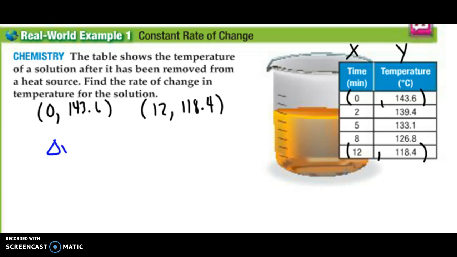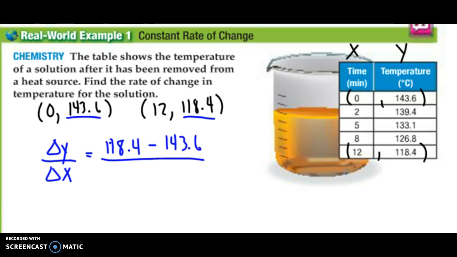So my change in y over change in x is going to be 118.4 minus 143.6, where it ended, where it began, all over 12 minus 0. And I just go to my calculator and I see that that is negative 25.2 over 12.